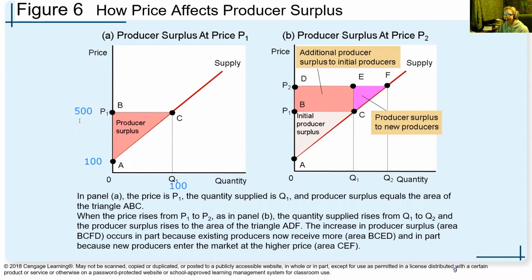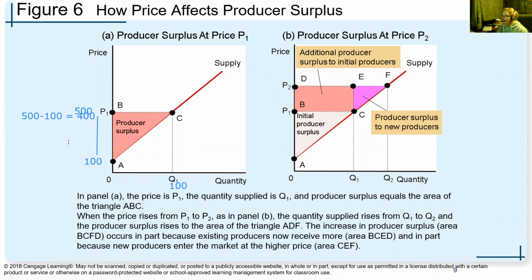Okay, so now I can take a look at exactly, what is the measurement of this line segment right here from P1 to A. And from P1 to A, what we have is 500 minus 100, which equals 400. Okay, so that essentially gives us one line segment.